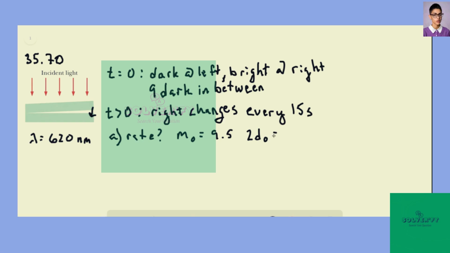So d naught is going to be m naught lambda. We have a delta t of 15 seconds.